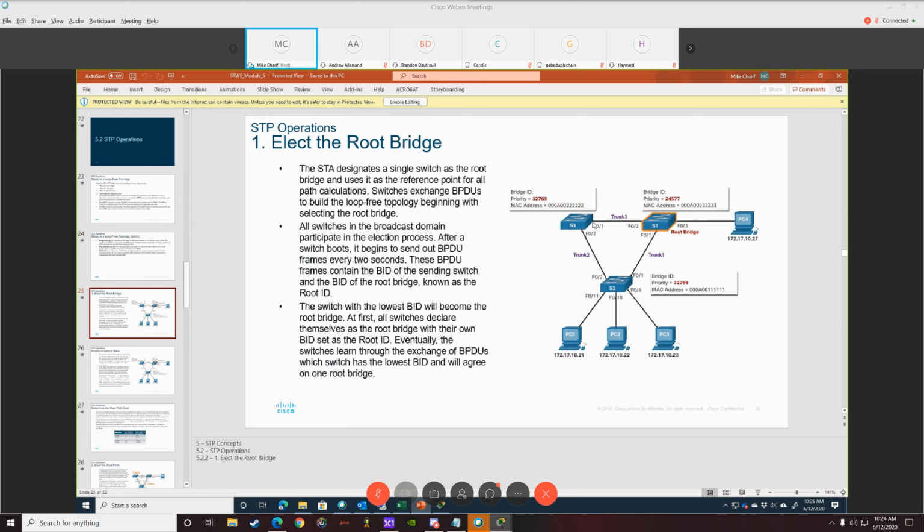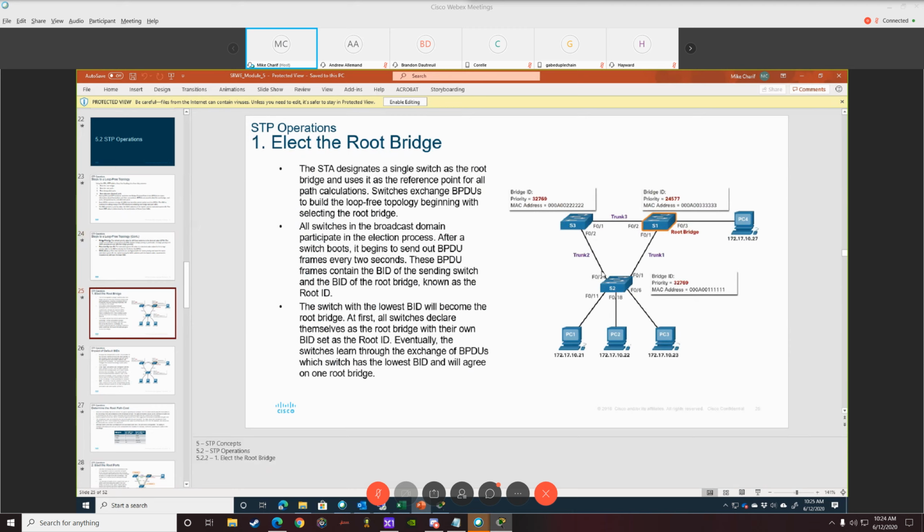And this one here, F0/1, is also connected to the root bridge, so this is going to be the root port. You follow? And all the other ports are going to be designated ports. We're going to have a designated port for every segment. This is going to be a designated port, and this is going to be a designated port.